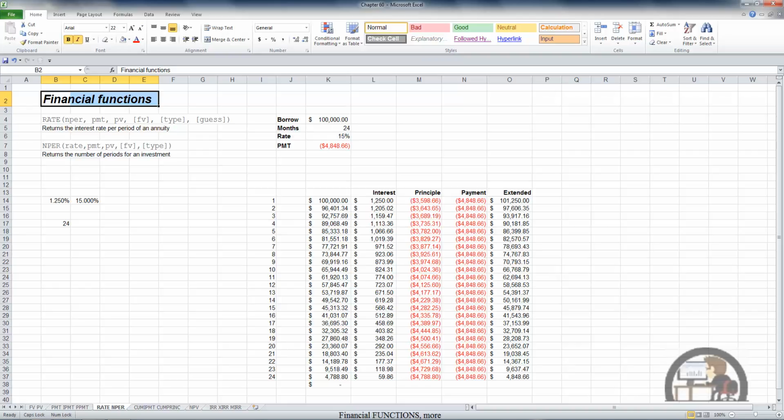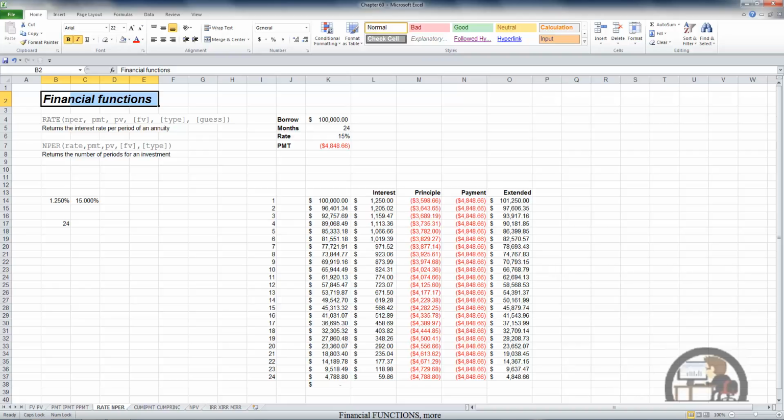The CUMIPMT and CUMPRINC will return respectively the interest that was paid over a series of payments for a loan or the principal that was paid for a series of payments for a loan. The NPV, net present value, will return the net present value of a series of cash flows using a discount rate. The internal rate of return calculates the rate of return on a series of cash flows such that when you apply that rate as a discount rate, the net present value of those cash flows is 0.